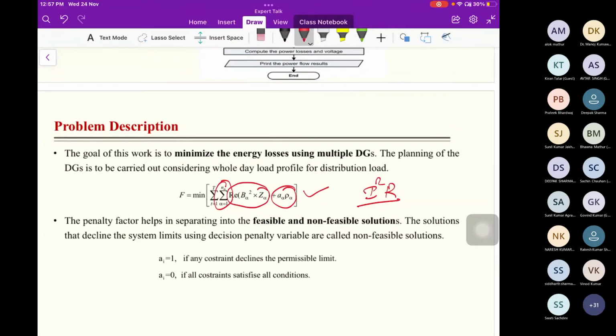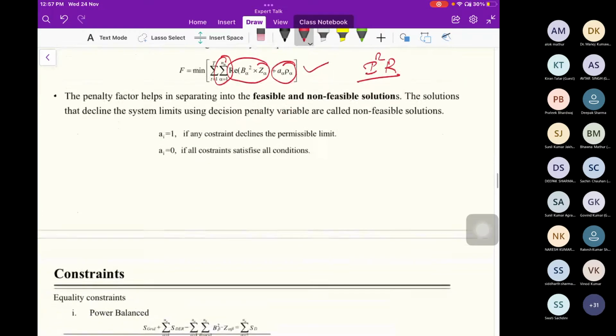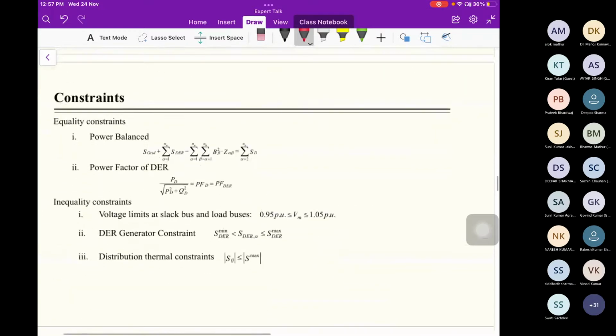And another constraint is the voltage. According to the IEEE committee, the voltage of any distribution system should not vary by more than 5%. Means, for example, in every study we assume the per unit system. So 5% is permissible.